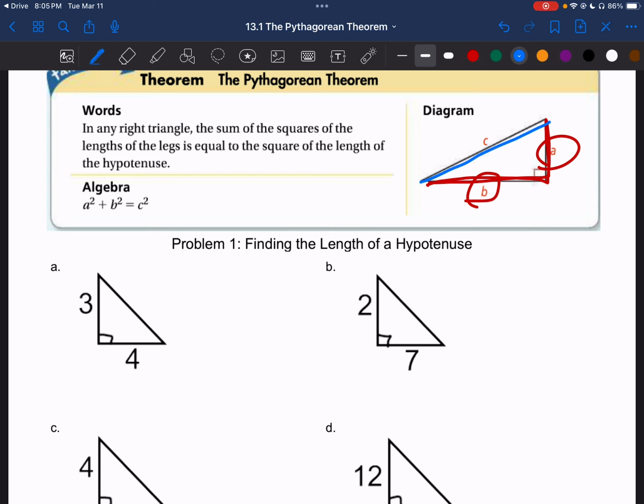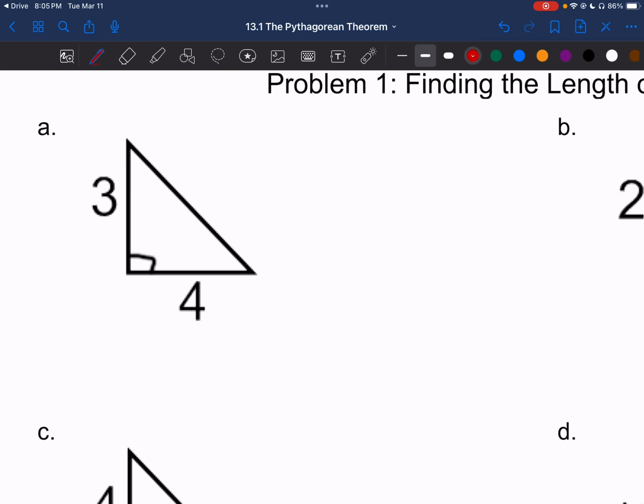So let's go ahead and use this. We're going to first find a hypotenuse. So we know that this is a, this is b, this is c. So we're trying to find c. So it's a squared plus b squared equals c squared.